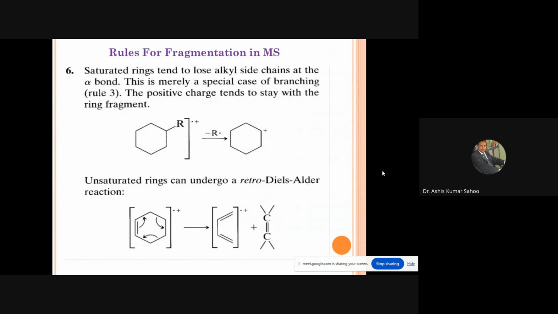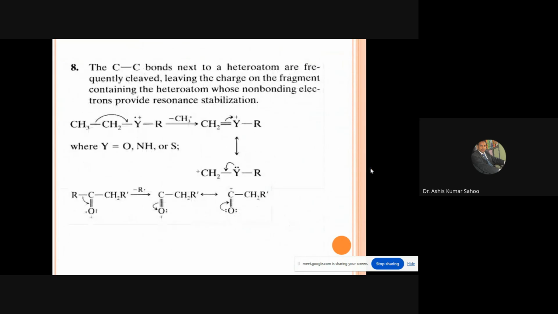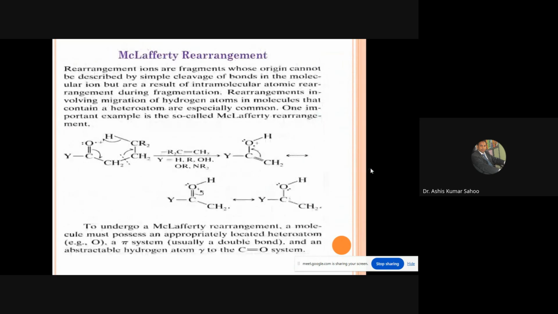For a cyclic compound, we also get a Diels-Alder reaction. Also, the alkyl group will be more. So we'll see this.